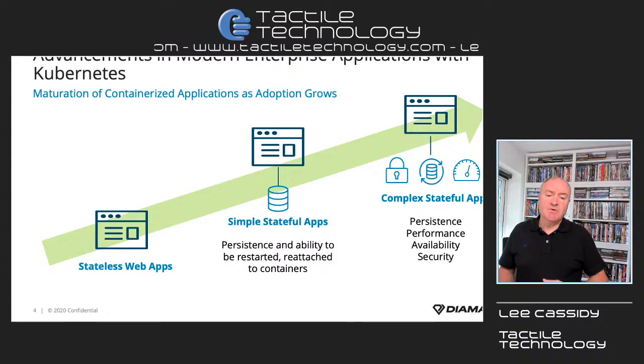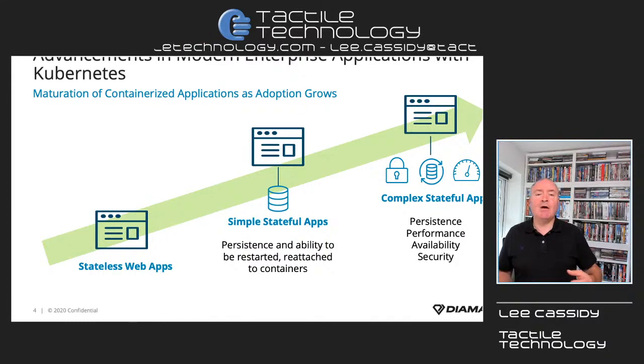And what we're seeing is a great change between moving from those early days of stateless web-based applications being delivered through containers. People are now delivering more complex ones, and things like artificial intelligence and machine learning capabilities are being delivered through these kinds of applications. And also, we've seen a large number of people utilizing databases.